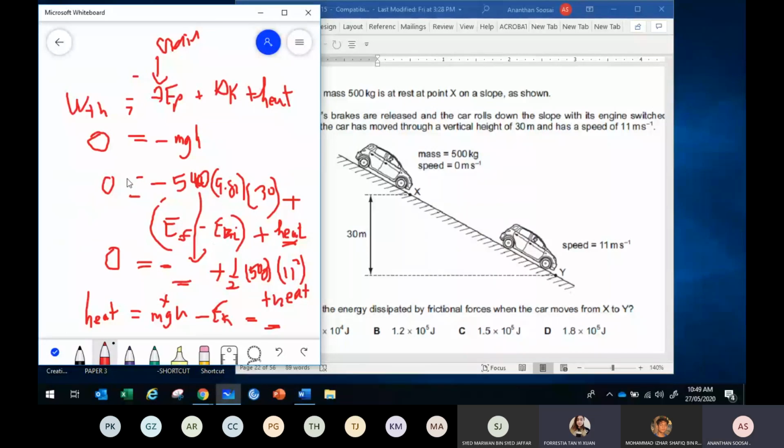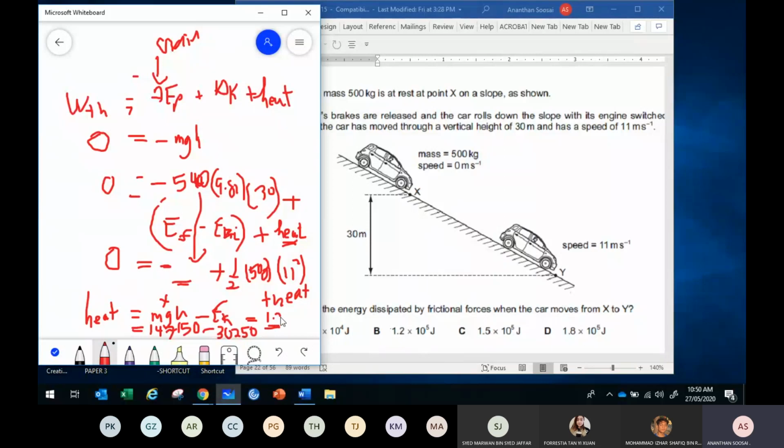Your gain in kinetic is how much? 30250. So finally, what do you get? B? Yes.